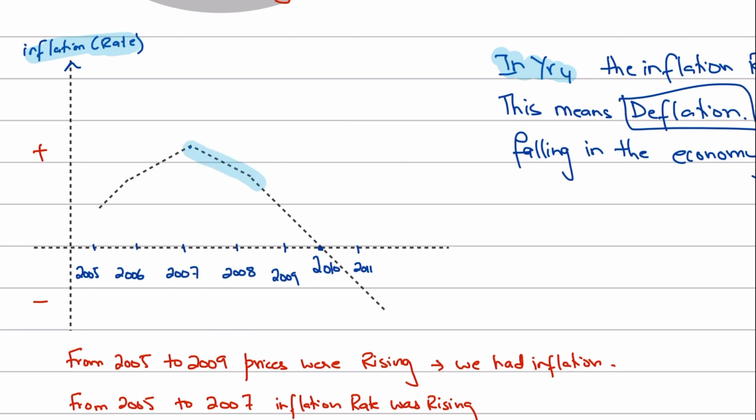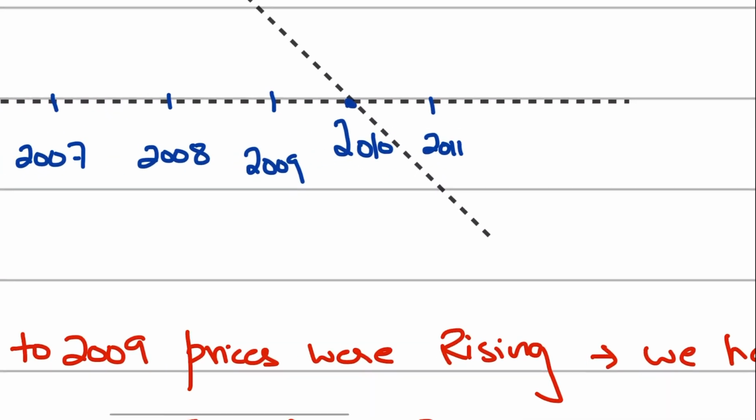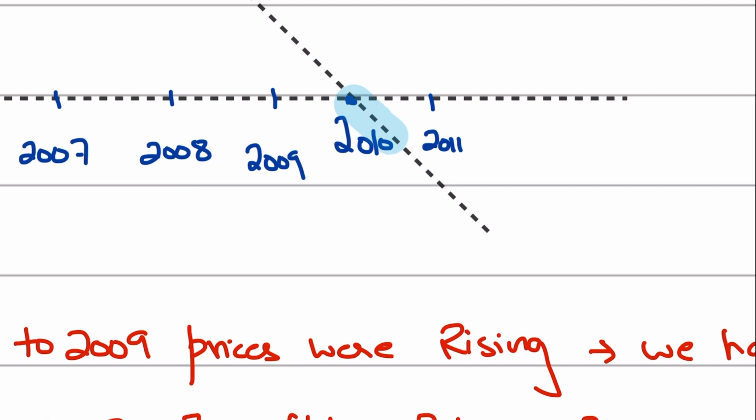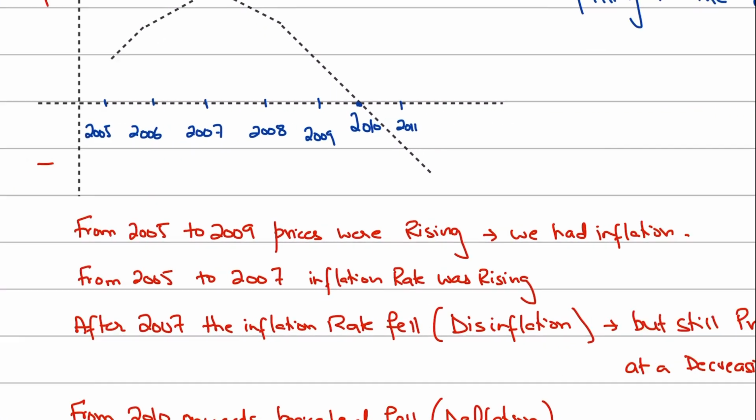So if the rate of inflation is going down, it simply means that there is disinflation. So from this region up till 2010, there has been disinflation throughout, right? And from 2010 onwards, deflation kicked in. Prices started falling.